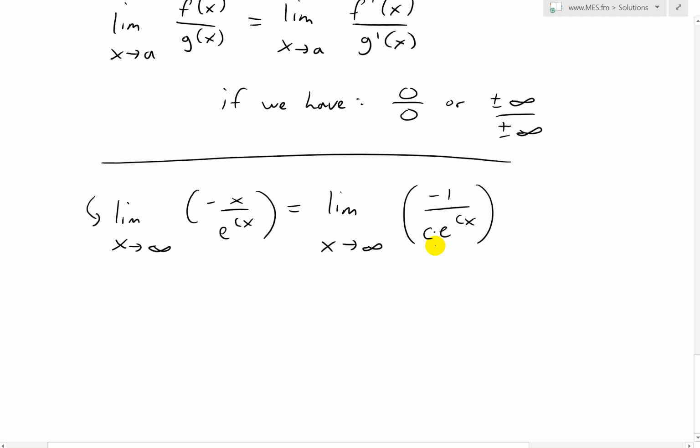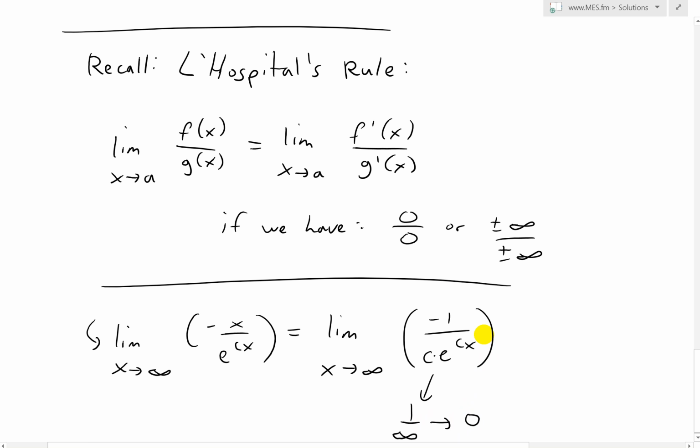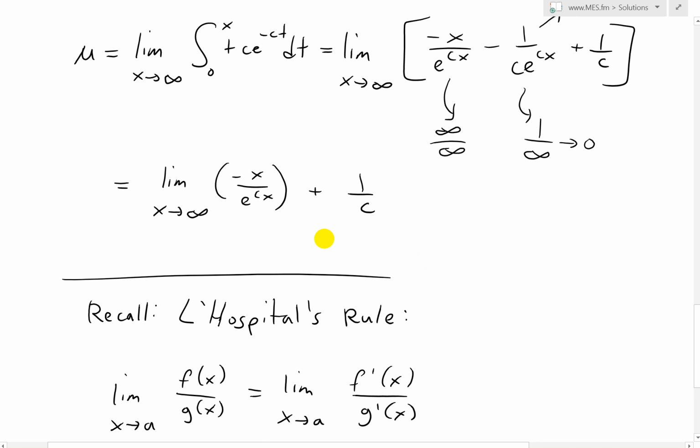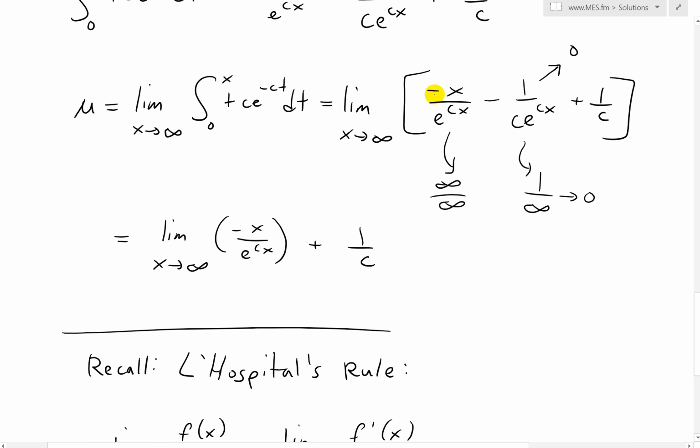So now when we plug in infinity, because we took a derivative using L'Hopital's rule, we have a case where this is negative 1 over infinity, because as x goes to infinity, e to the power of infinity goes to infinity. So 1 divided by a large number is 0. Another way of thinking about why this is so is looking at x and e to the cx.